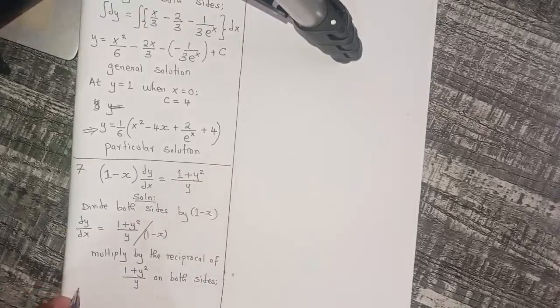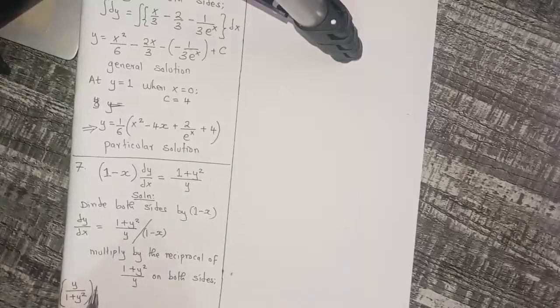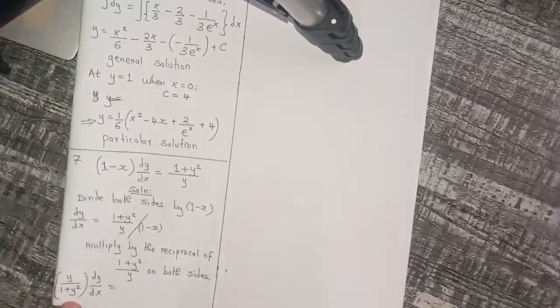So the reciprocal of this is y divided by 1 plus y square, and this is dy over dx being equivalent now to 1 divided by 1 minus x.